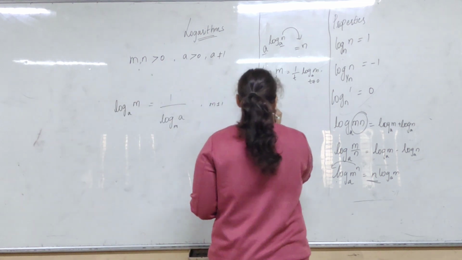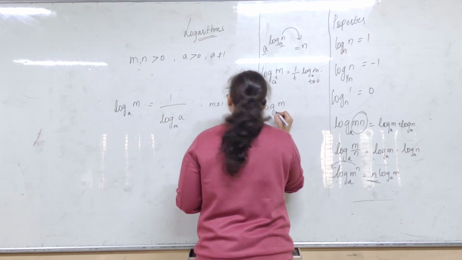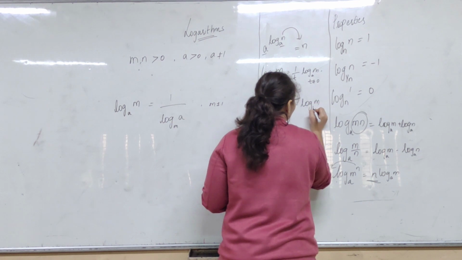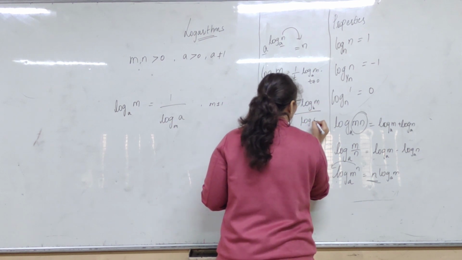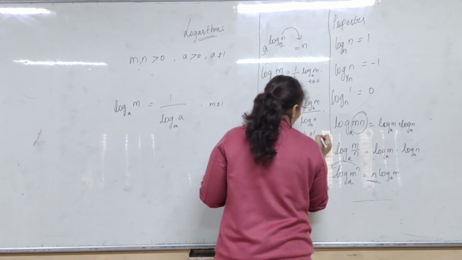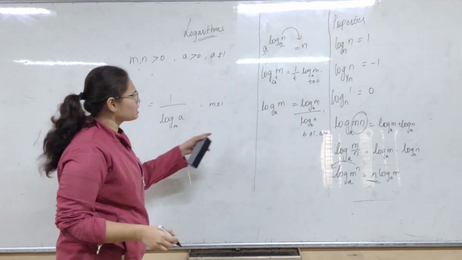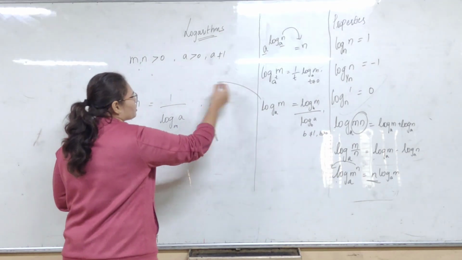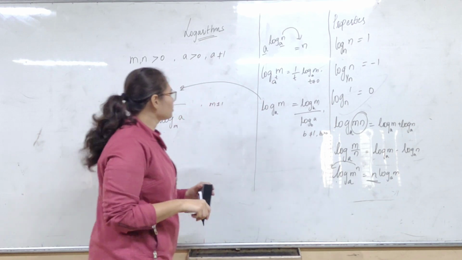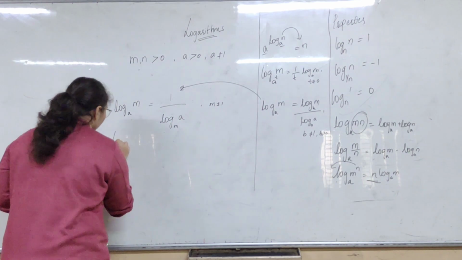Let's see why. We know log m to the base a is equal to log m to the base b by log a to the base b, where b is not equal to 1 and b is greater than 0. In this, I replace b with m.